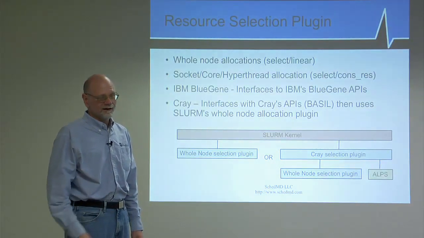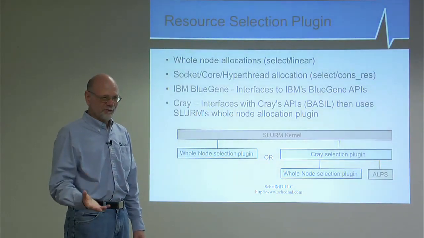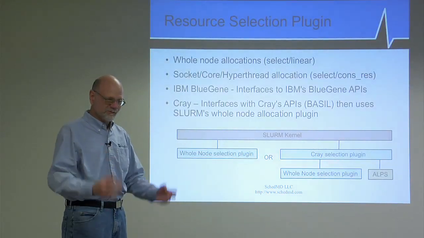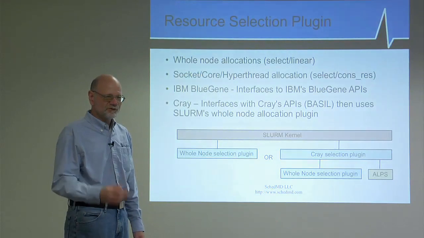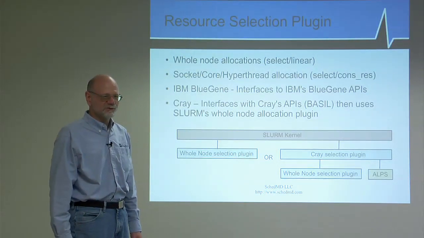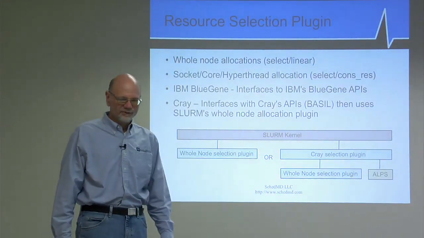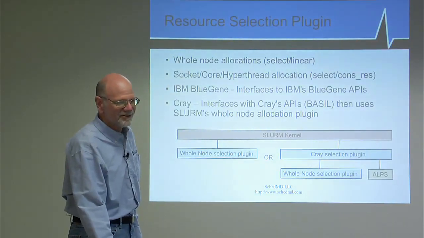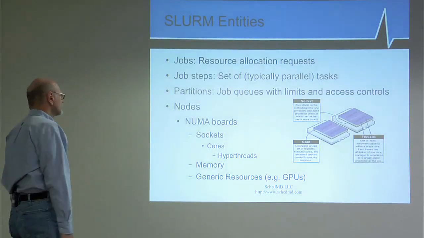Our goal there is to eventually charge users for their power consumption as well as their resource use, how many processors they have, and use that in scheduling decisions to maximize the work throughput given a power cap. So that's coming. That's not available. Just the power consumption information is, and that's only in the latest version of Slurm.